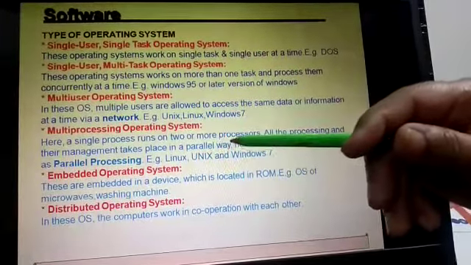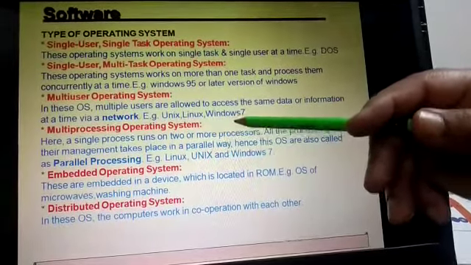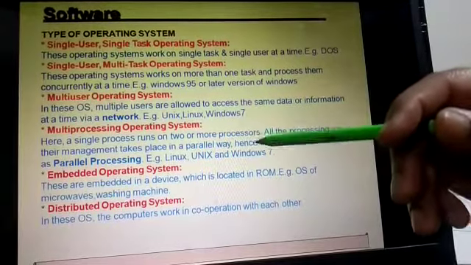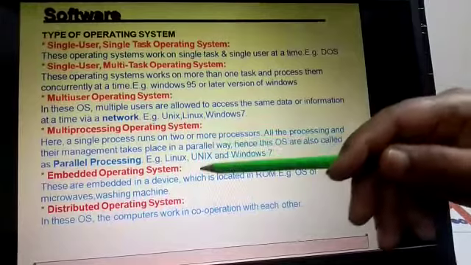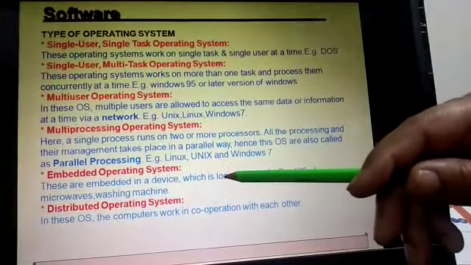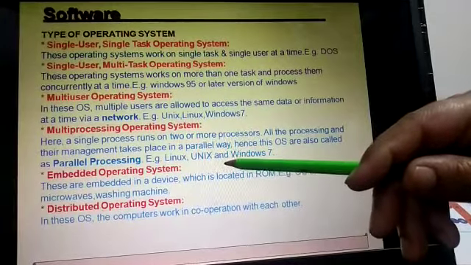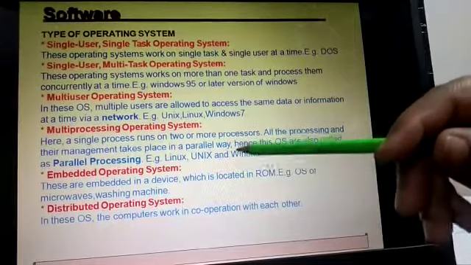A multi-processing operating system means that many processes are handled by that operating system. Embedded operating system and distributed operating system are types that we will handle in class 12th.